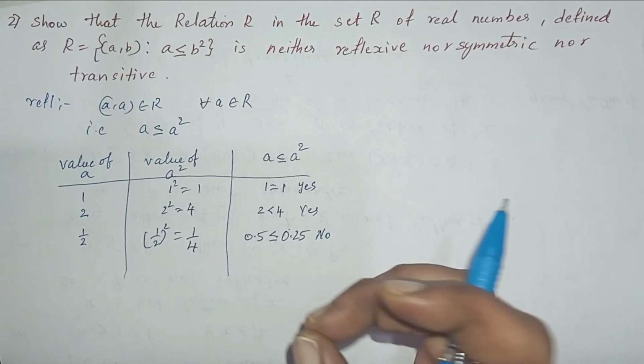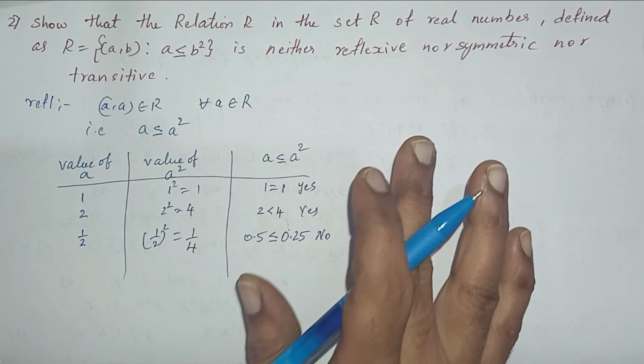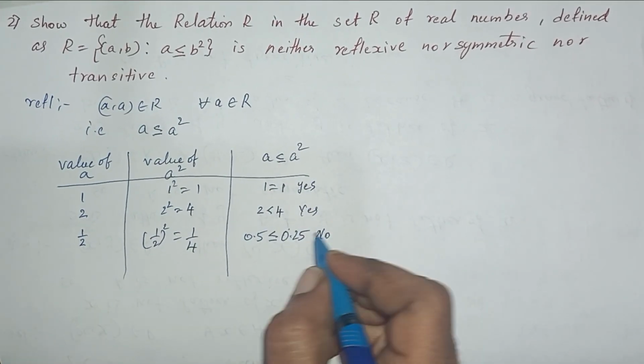So this does not satisfy for even one value. If it does not satisfy the reflexive condition, then it is not reflexive. So how do we write?